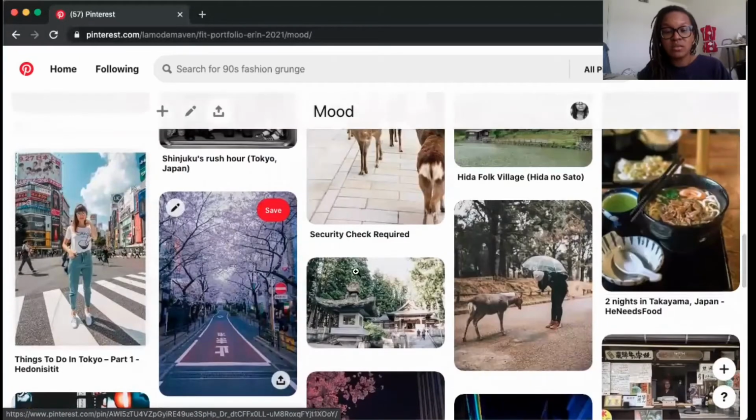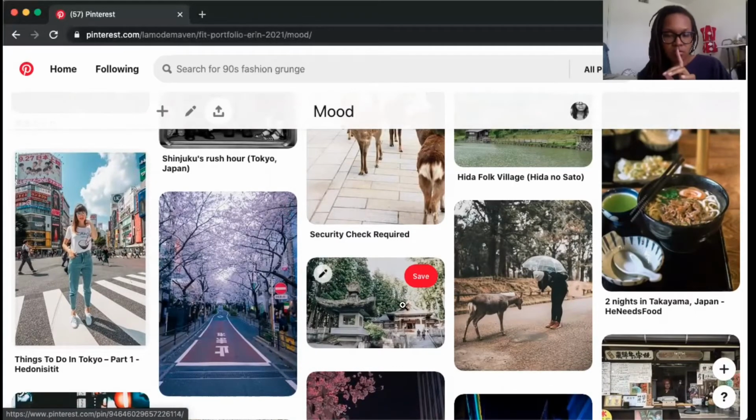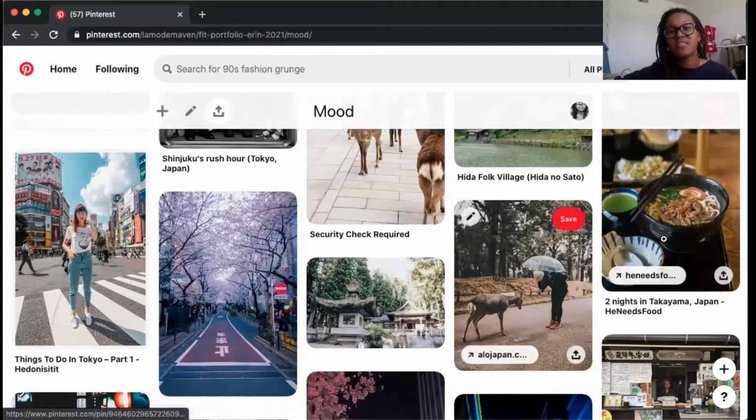Also visiting the historical places, things that make the culture that much more rich. Of course, food.